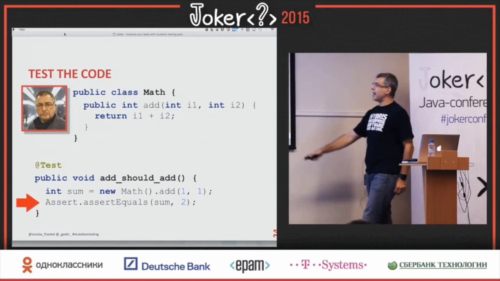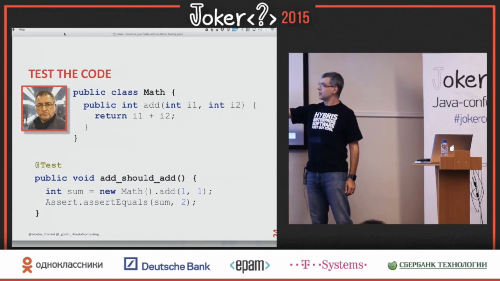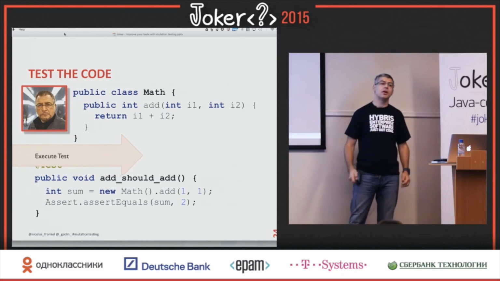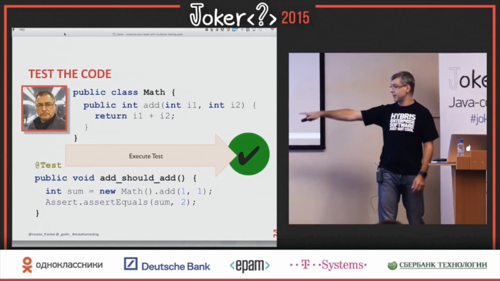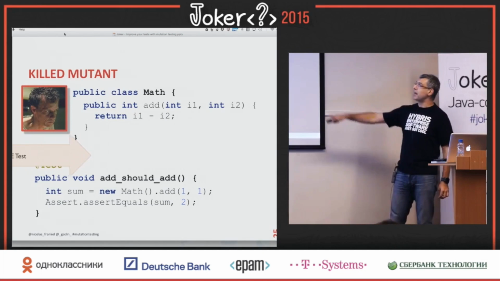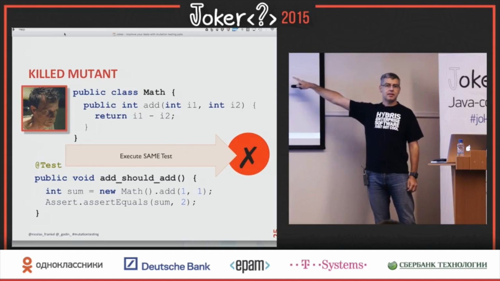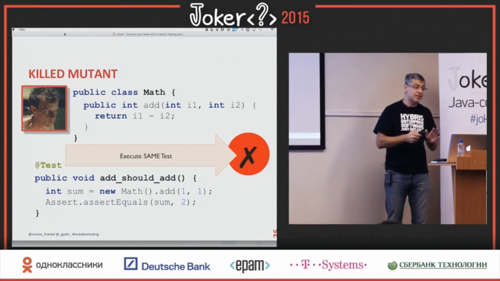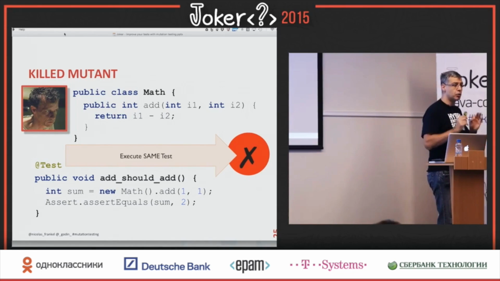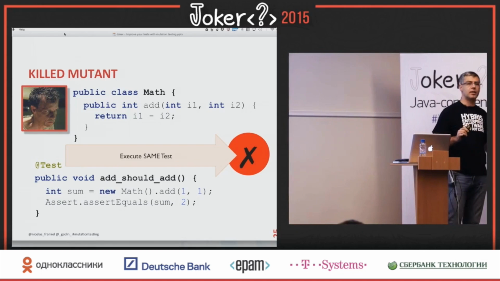Now, if I add an assert here and I execute this test, of course, it's green because I'm expecting 2. But then if I replace it by a minus and I execute the same test, it fails. So it's good. So those are the simple basics of mutation testing. And anyone can understand that.